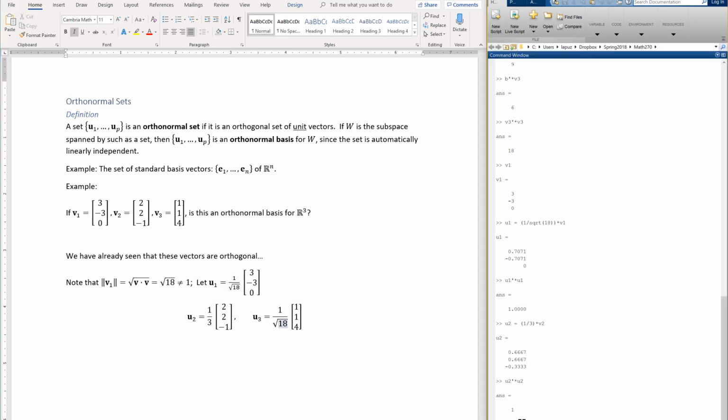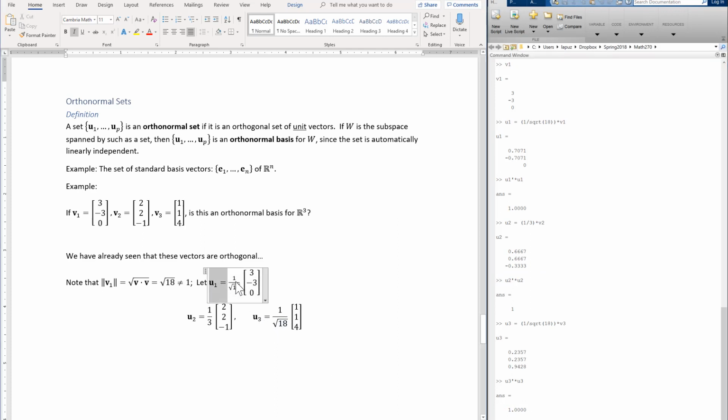So let's construct our U3 vector, which is going to be equal to 1 over the square root of 18 times our V3 vector. I don't know if the magnitude of this is going to add up to 1. Let's see. U3 transpose U3. Oh, it's equal to 1. So we do have unit length.